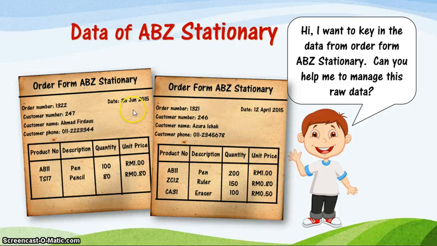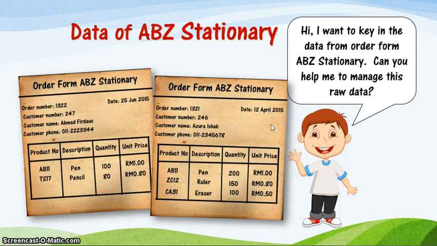Different dates. In some cases the receipt itself does not produce relevant data to manage. Sometimes maybe we have numbering, number one, number two, or any value that you feel is not relevant.